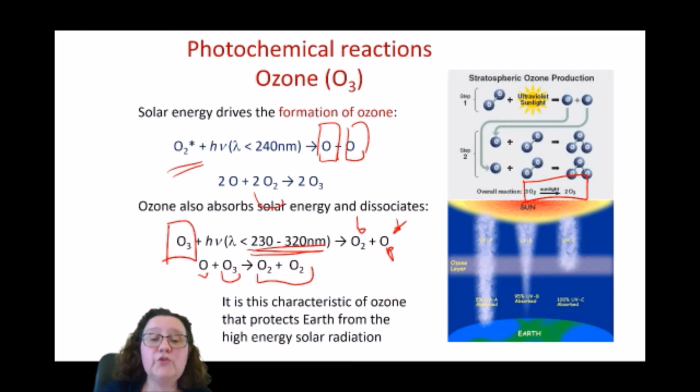Those wavelengths mean that all the UVC rays are absorbed, and almost all, around 95% of the UVB light is absorbed, and a certain amount of UVA is absorbed, and it is the one that actually reaches the surface of the Earth.